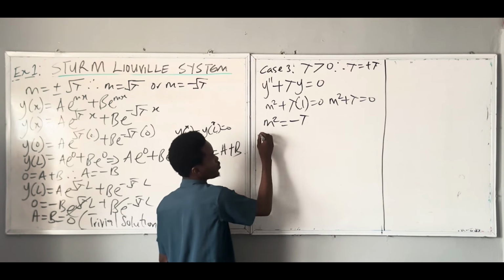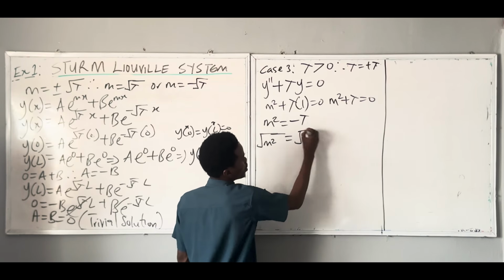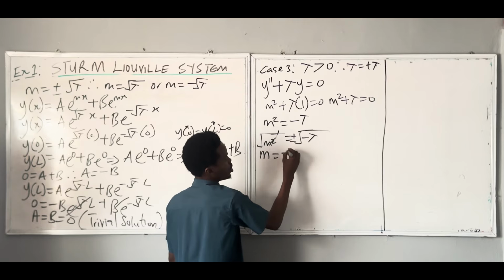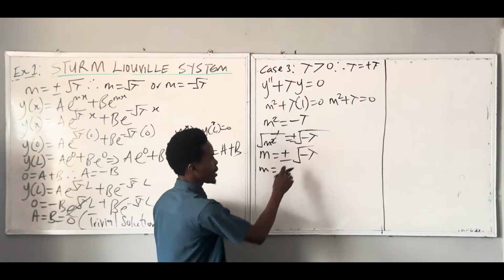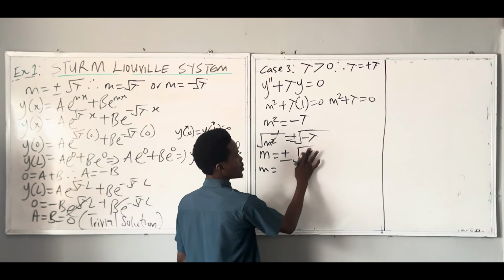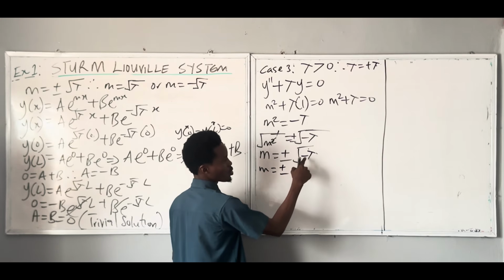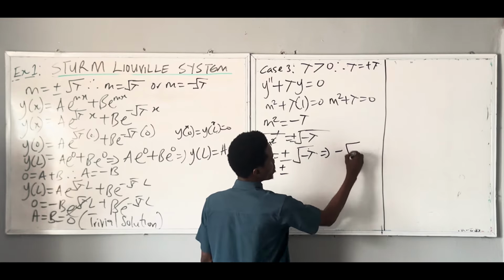If I take the square root of both sides, I'm going to have m is equal to plus or minus square root of minus lambda. So I can write this as minus root lambda.